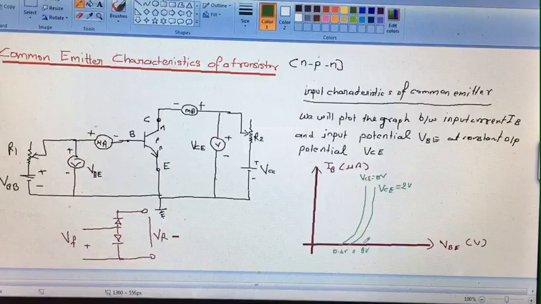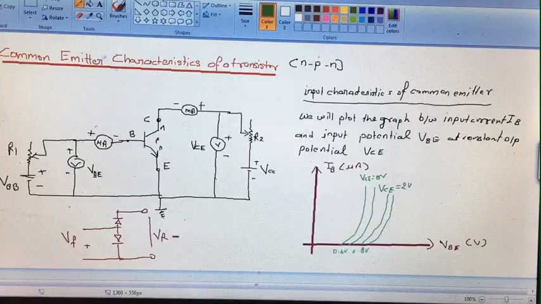And similarly, as you increase the collector emitter potential, current IB will follow the same manner and the potential will be increasing. This is the input characteristic of common emitter transistor and this is particularly for NPN. See here, as we are increasing the potential difference, the current is also being increased.